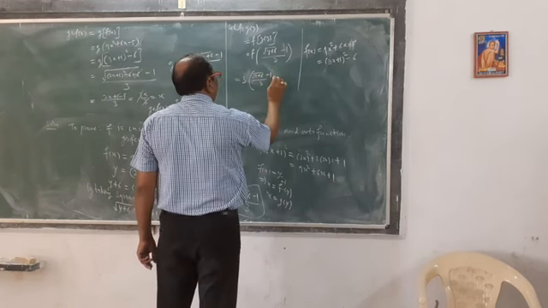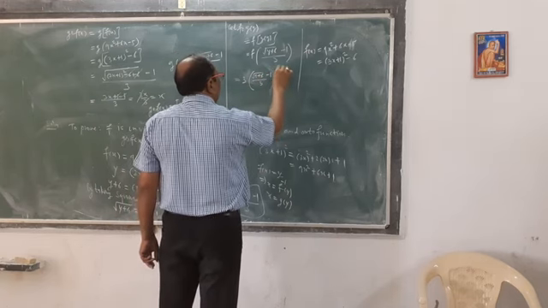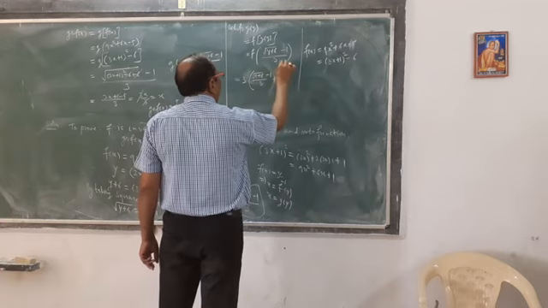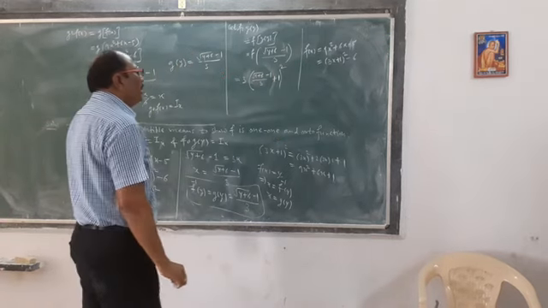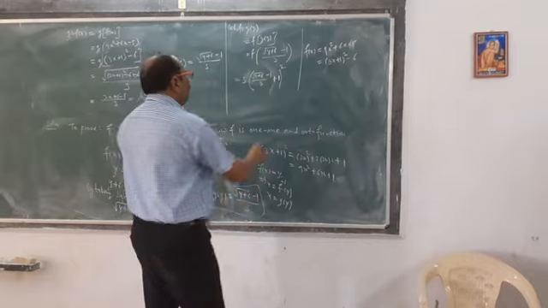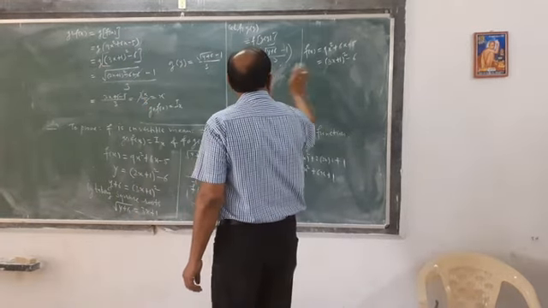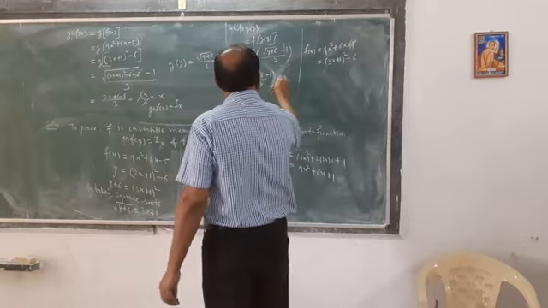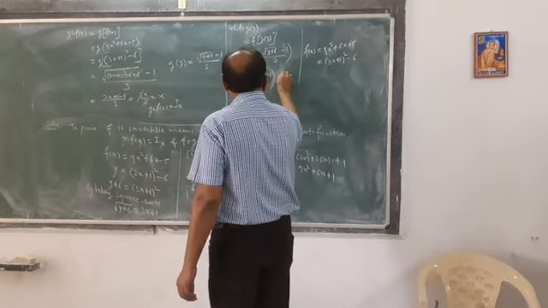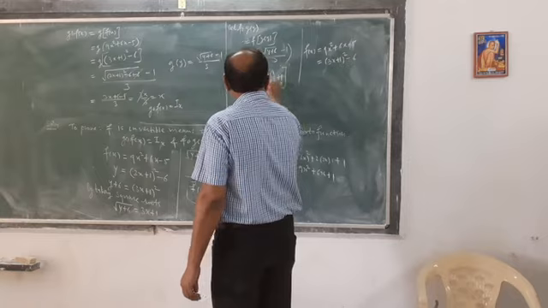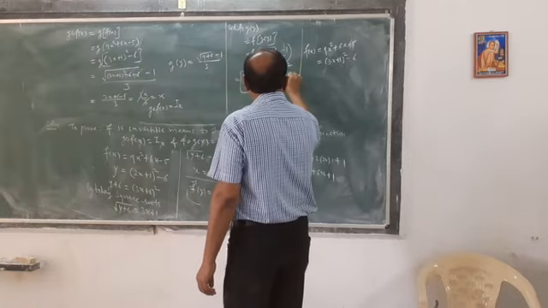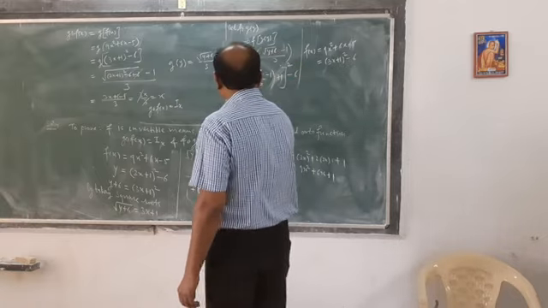So (3x plus 1) whole square, where 3 into x, that is 3 into x, then plus 1 whole square, then minus 6.